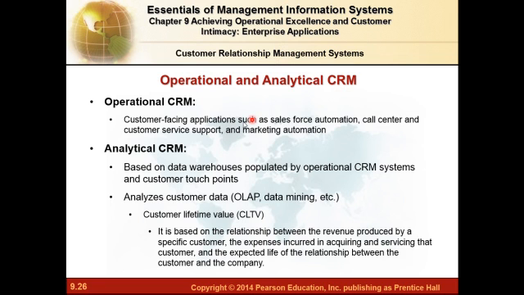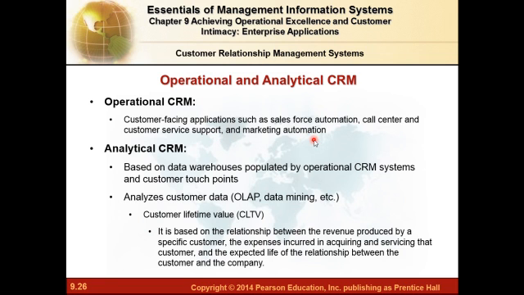It's important to understand the difference between the operational and analytical aspects of a CRM system. Operational CRM means customer-facing applications such as sales force automation, call center and customer service support, and marketing automation.